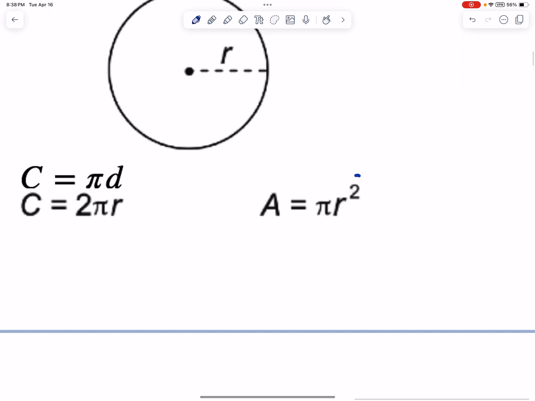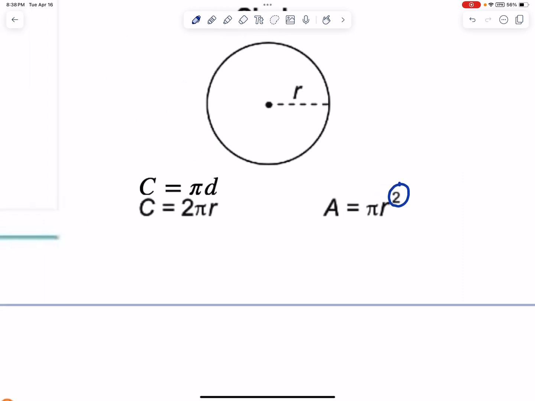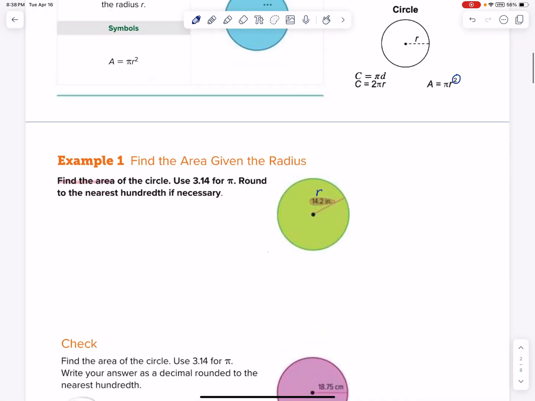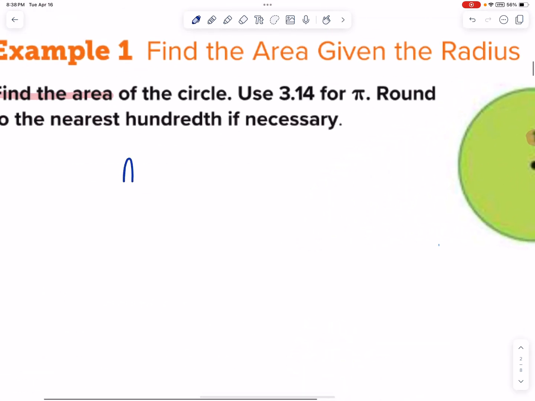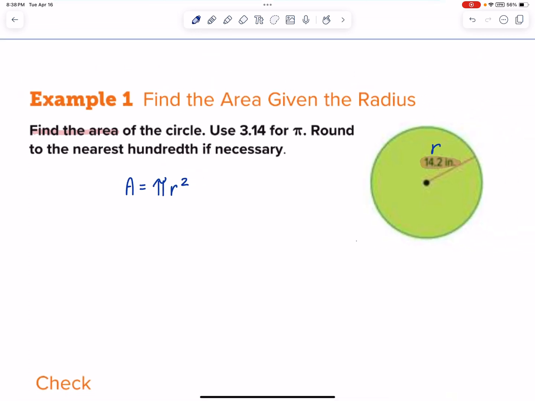And remember, when we're doing area, we're always using squared because we're measuring the area in unit squares, okay? And so we have pi r squared, so we're always going to start by writing the formula. Area equals pi r squared. And then, again, all we're going to do is plug it in and chug away and get our answer. So let's go ahead and solve it.